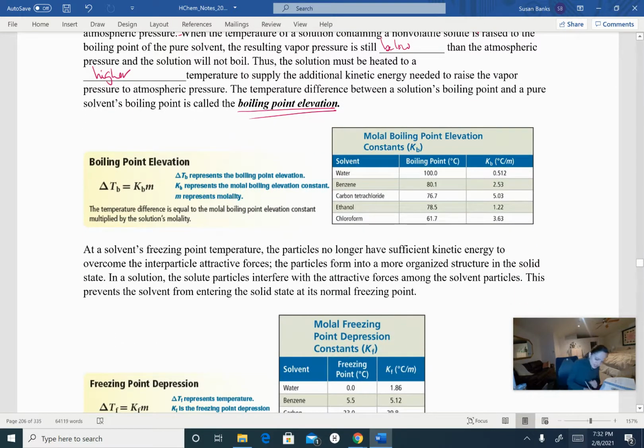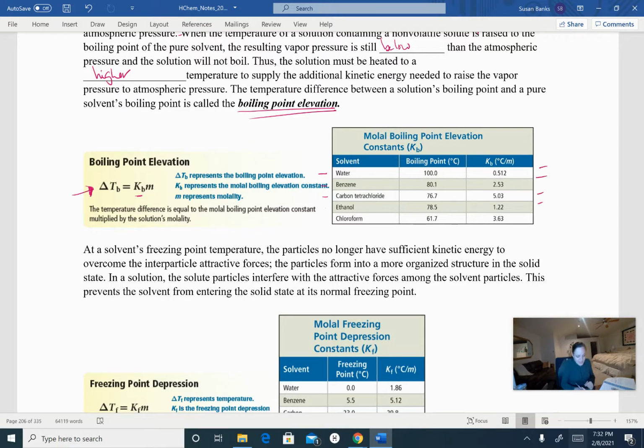We have the change in temperature. Notice it doesn't give us the actual new temperature. It just gives us the change of temperature. So we have to add this change on to the normal boiling point. Okay, so the change in temperature is equal to the boiling point constant for that solvent. Notice we have different solvents and they have different constants.